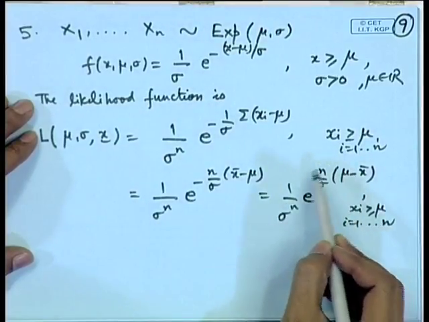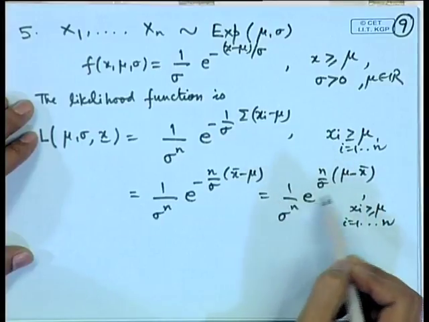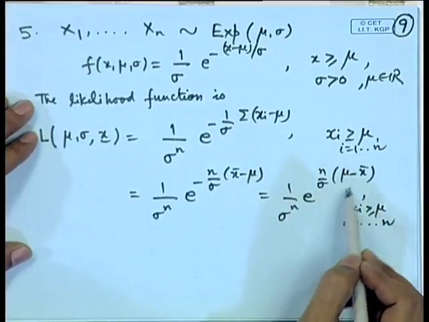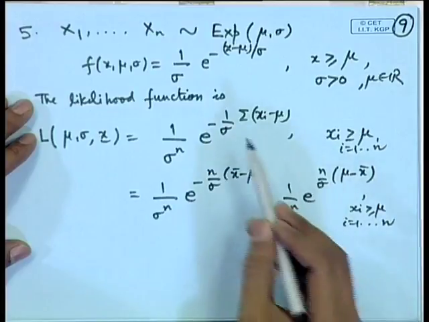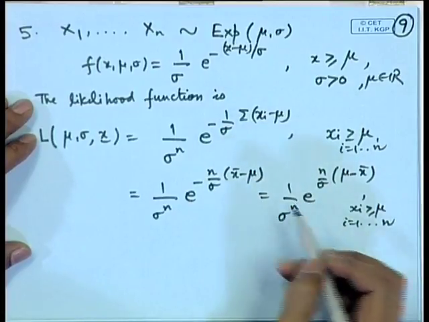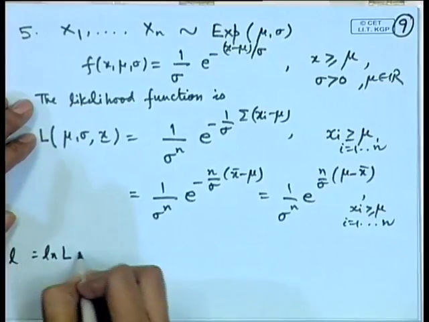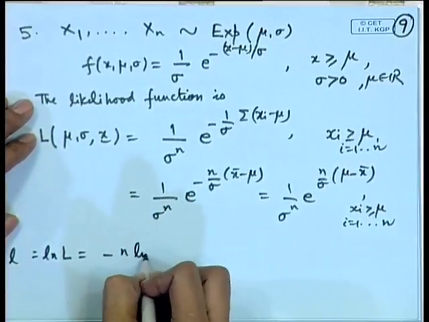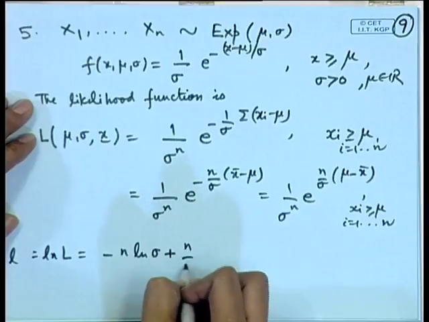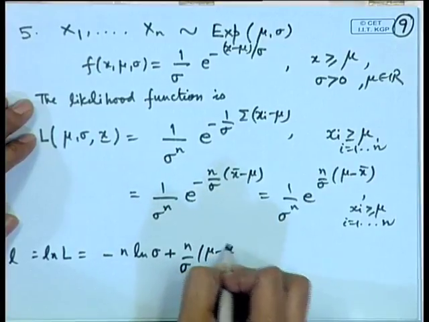Now, if we want to maximize this function with respect to mu, the likelihood equation and then derivative will not give a result like in the uniform case, because the log likelihood function is minus n ln sigma plus n by sigma mu minus x bar.